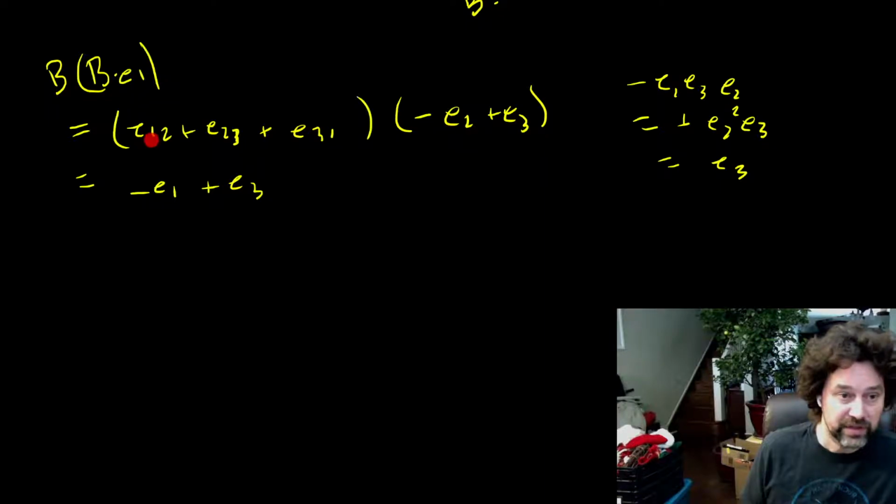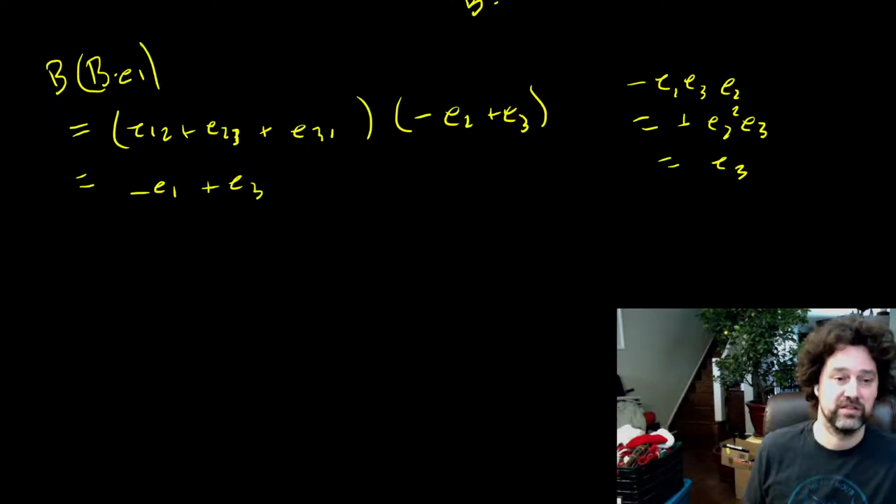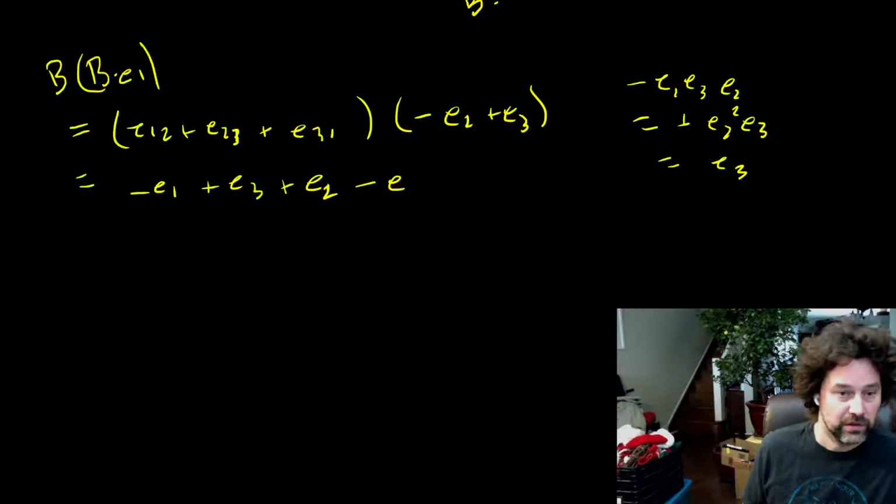And over here we have e12 times e3, which is just plus e123. So we see those components cancel out, and we are left with e23 times e3, which is e2, and e31 times e3, which is minus e1. So we're left with minus 2e1 plus e2 plus e3.